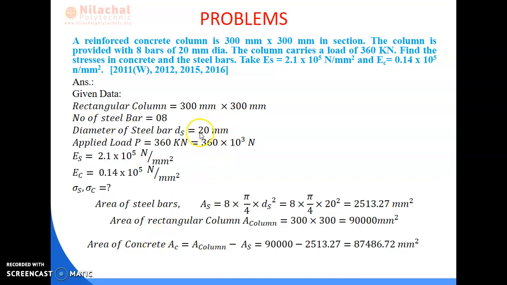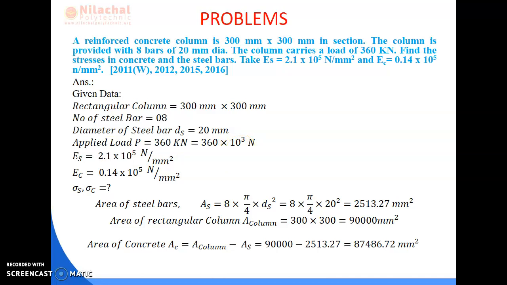Now from the above question, we have the data: a rectangular column of 300 mm by 300 mm cross section. The number of steel bars provided is 8. The diameter of each steel bar is 20 mm, taken as ds. Applied load P is equal to 360 kN, that is 360 into 10 to the power 3 Newton.